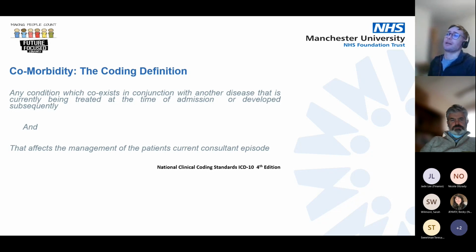The coding definition is a condition which coexists in conjunction with another disease that is currently being treated at the time of the admission or develops subsequently, and it affects the management of the patient's current consultant episode. What that means is it could be a chronic comorbidity that the patient came into hospital with, or it could be just another condition that arose whilst they were an inpatient. It still counts as a comorbidity, and it's still relevant to be coded if it affected the management of the patient.